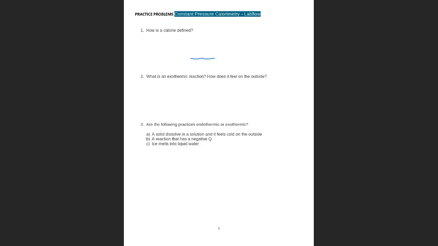And how do we define a calorie? It is the amount of heat that we need to raise the temperature of 1 gram of water by 1 degree Celsius. So that is a definition, and because we are using calories as one unit, we base our measurement of heat on that calorie.